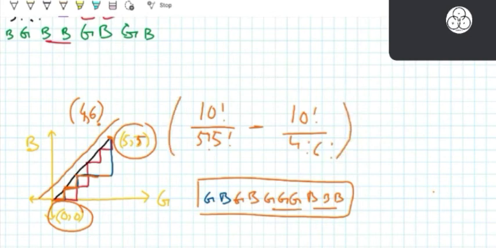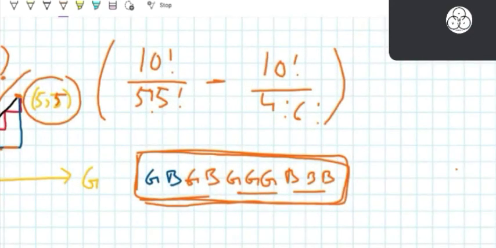Now here, while considering the number of arrangements of boys and girls, we considered that boys and girls are not unique. That's not the case. No two humans can be the same. Here we didn't consider the boys and girls to be unique. We considered that all the boys are similar and all the girls are similar, but no girls and no boys can be similar.